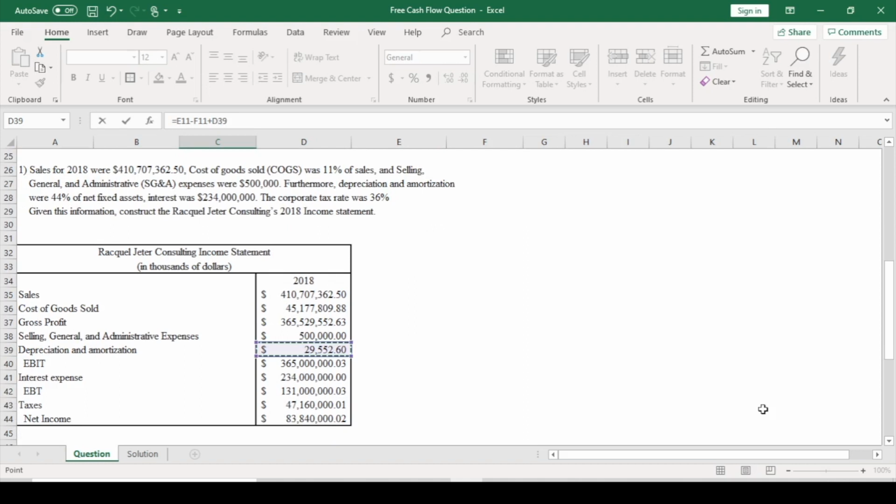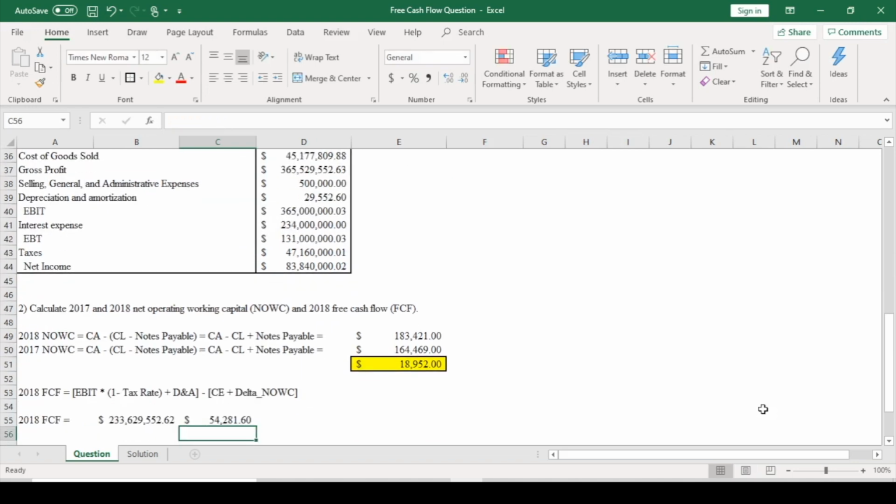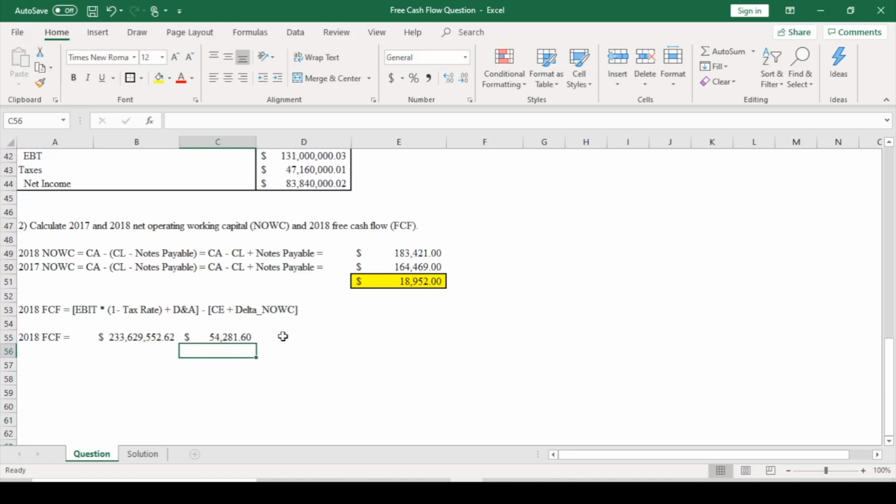Again, if you have a cash flow statement, you can simply find this number. However, we don't have it. We need to know how to find this number from the balance sheet and income statement. Here we go. And this will be our capital expenditure. Now, change in net operating working capital equals this number, right?